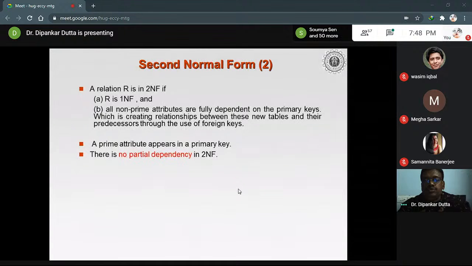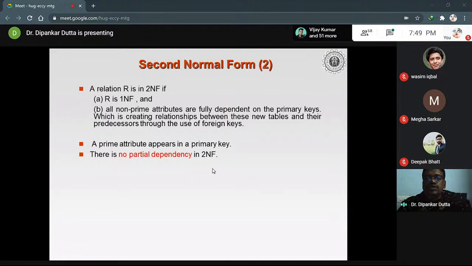It should not be partially dependent on primary key, means the dependency is full. There will be no partial dependency. At the last line it is written. So if there is any partial dependency, then it is not in second normal form.